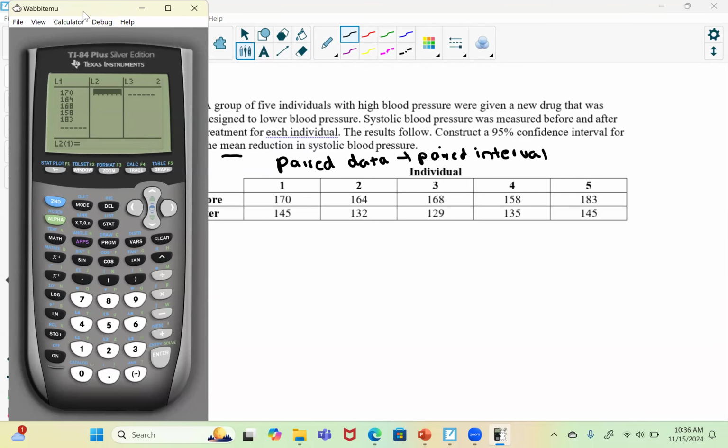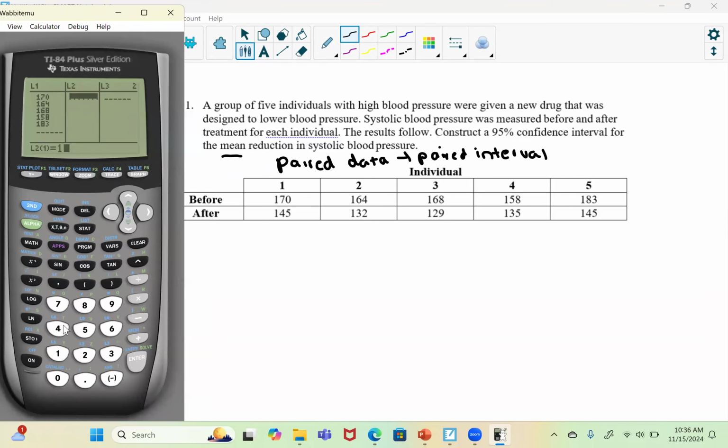And then we're going to do L2, which is the after treatment, and enter that data in. And always stop, take a minute, check all your values to make sure we did not type anything in wrong.